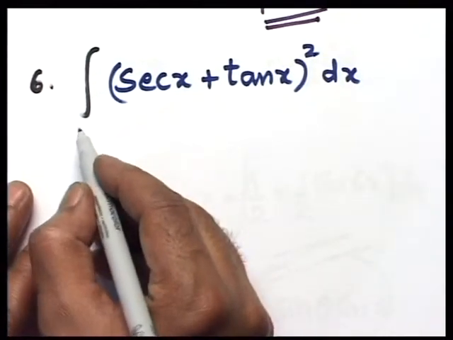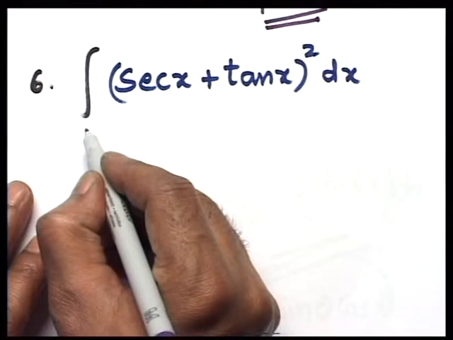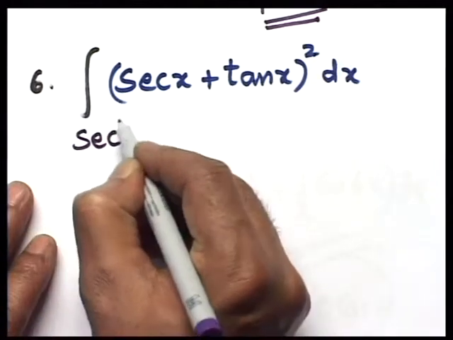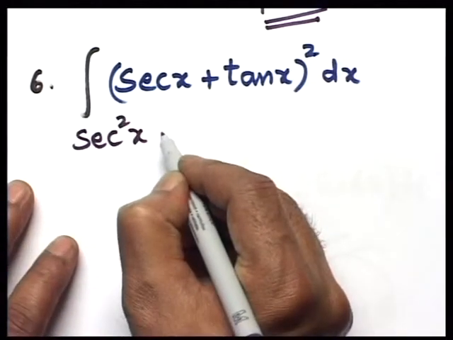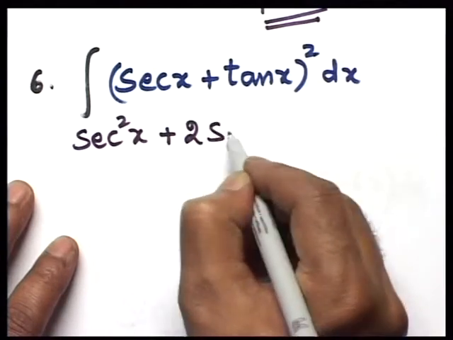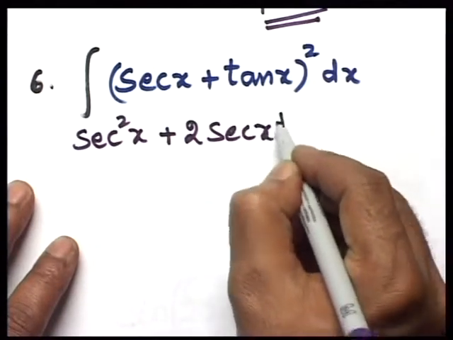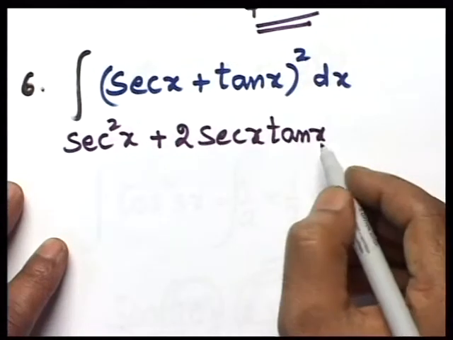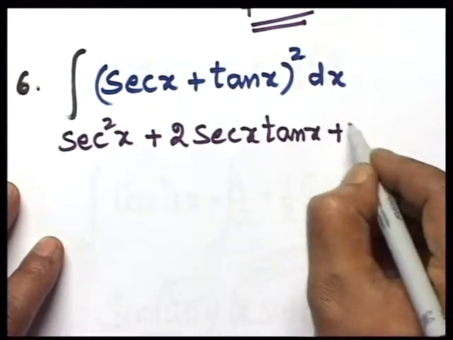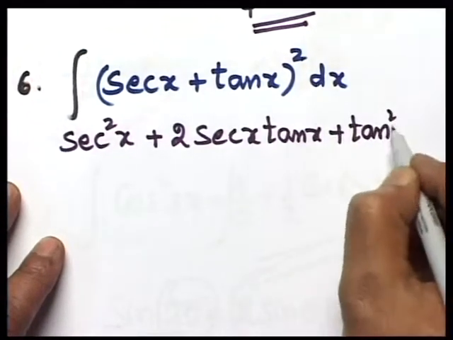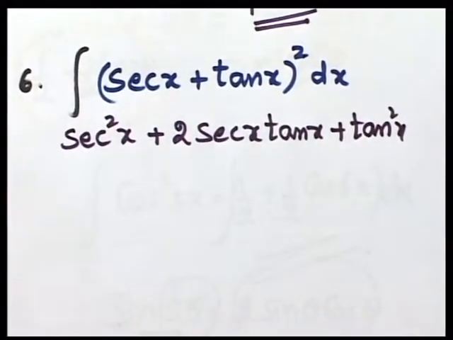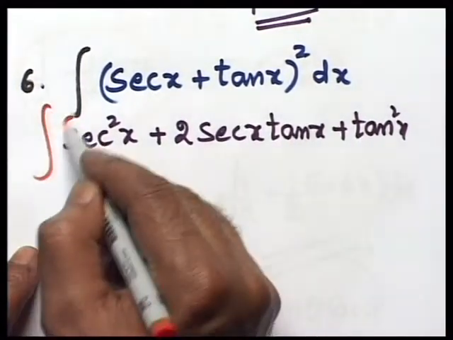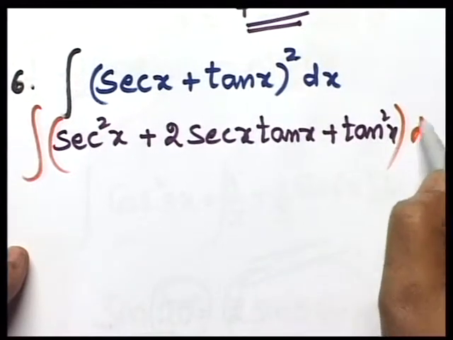So I'm going to expand a plus b whole square. It should be sec square x plus 2 sec x tan x, you know how to open those brackets, and tan square x. That's all. So we got 3 terms there. Now that's integration bracket and then dx.